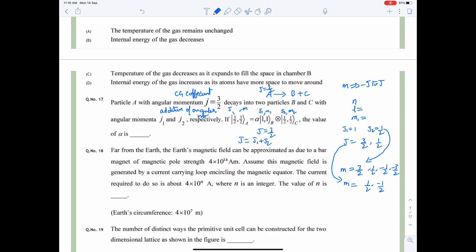Okay, so now, see, this question actually has a very deep concept also, and you have to practice a lot for this type of questions. If I try to explain CG coefficient here, it will take 2 to 3 video lectures, and it is totally step by step, and you have to perform step by step, and then you can get the additions and the constant terms when you add two spins.